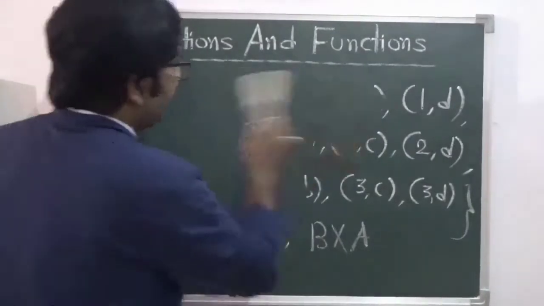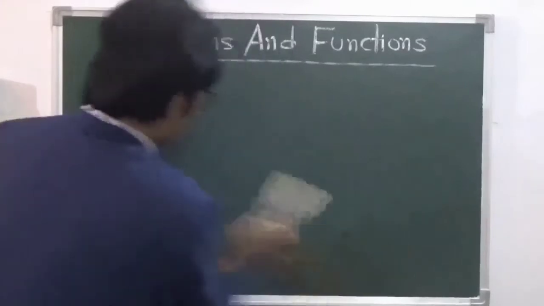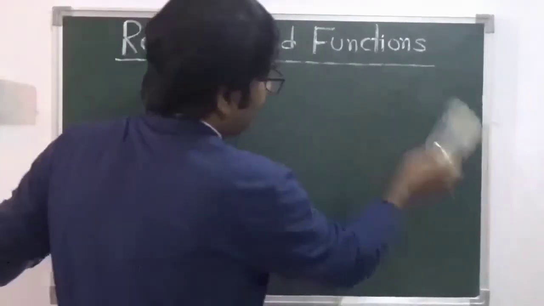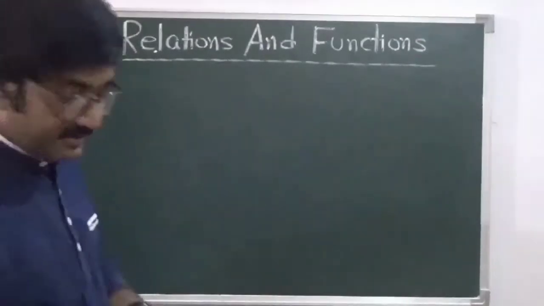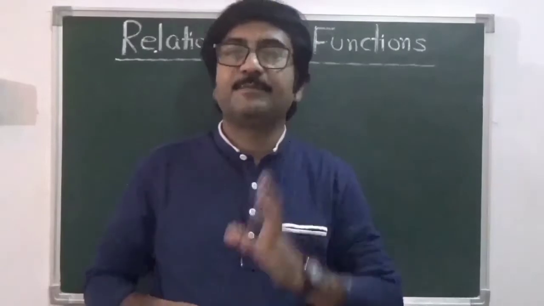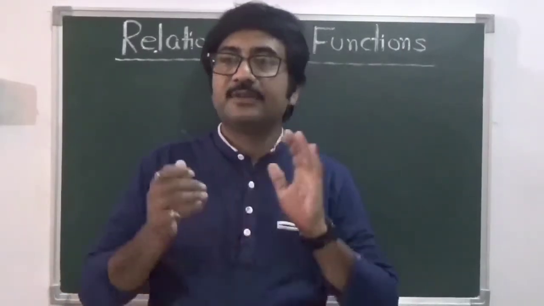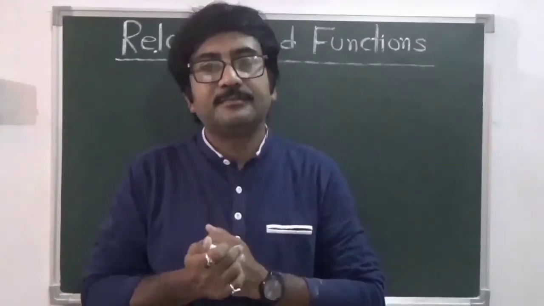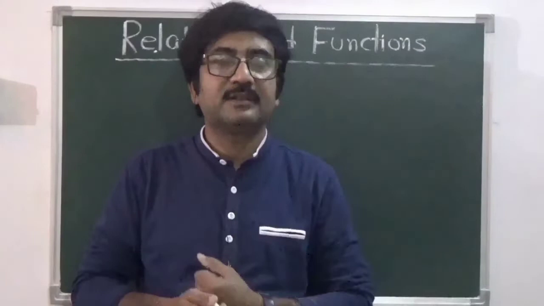So in the Cartesian product you need to take all the possible ordered pairs, but in the case of a relation, as I have been telling you, a relation is again a connection between the two sets A and B, but here we have to be a little selective in the sense that we cannot take all the ordered pairs that are existing in the Cartesian product.